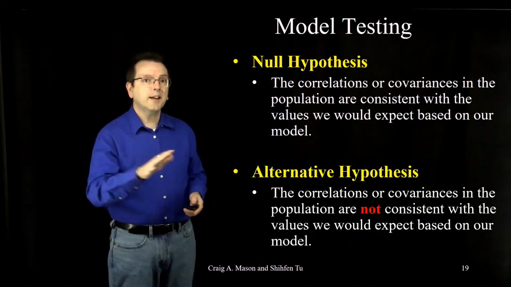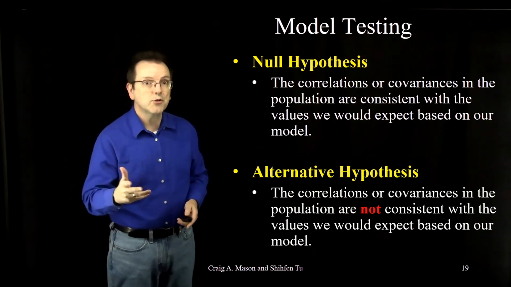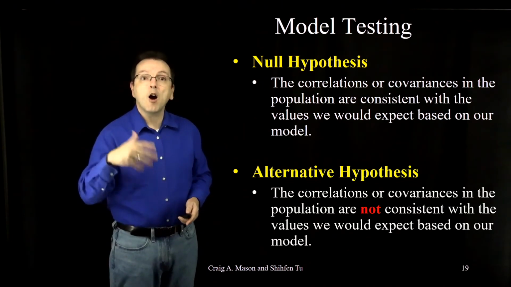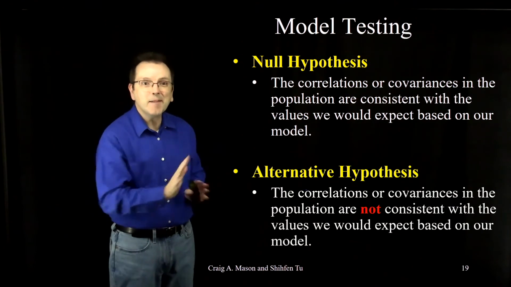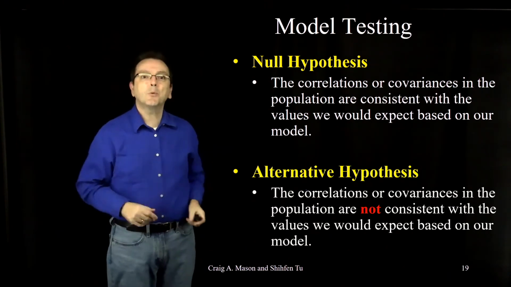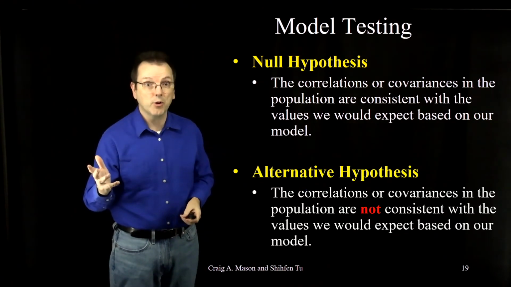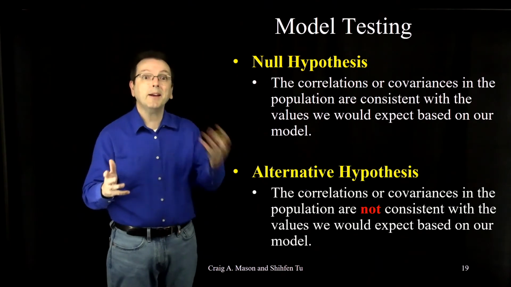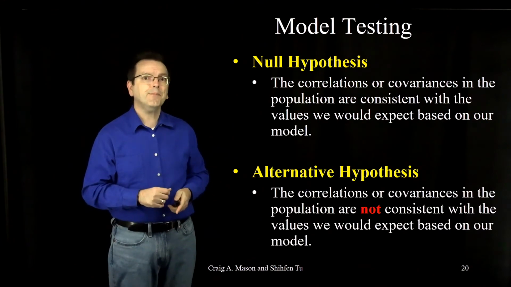And notice that instead of framing our hypotheses based on if the null is true, we frame them based on if our model is true. But otherwise, it's the same idea. We then literally do a chi-square goodness of fit test, comparing the observed values for those correlations and covariances with the expected values if the model is true.